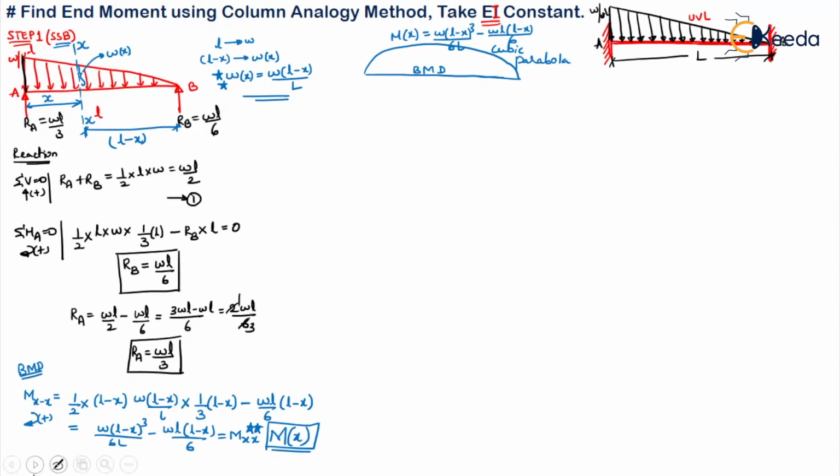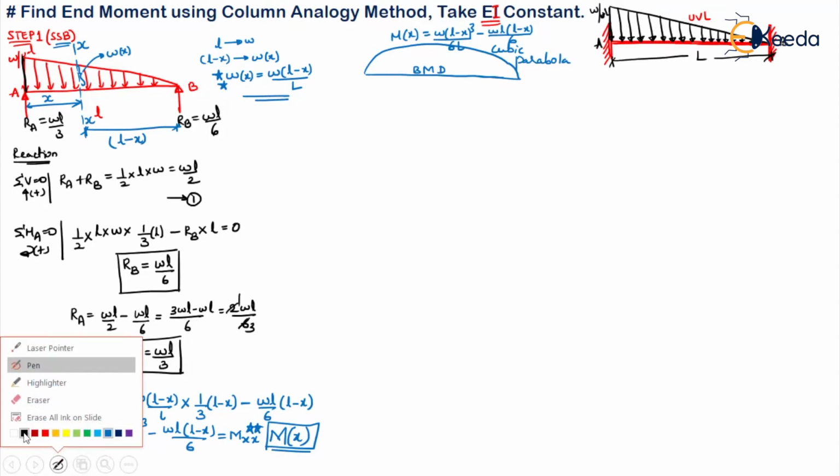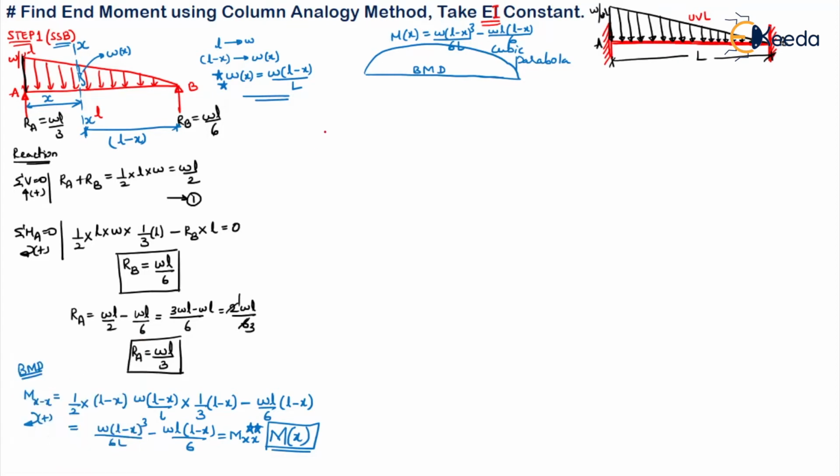Now once the step 1, that is converting it into a statically determinate beam and finding your bending moment diagram is done, you have to move on to the next step. That's creating your analogous column. So step 2, analogous column. For this, what will you do? Take a rectangular section of the size 1 by EI and L. This is your top view.